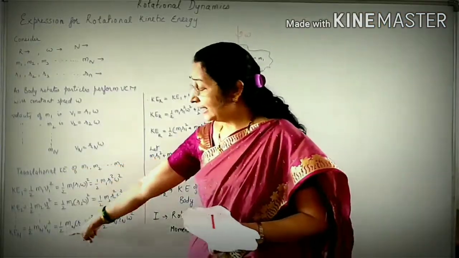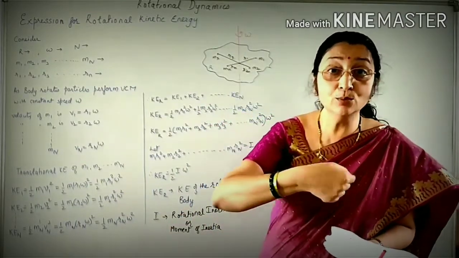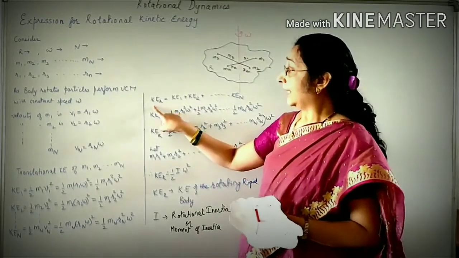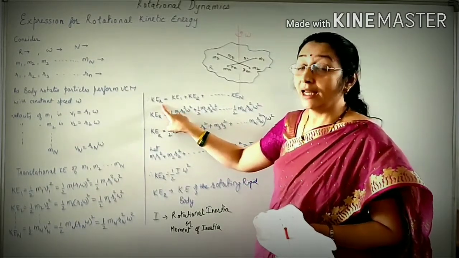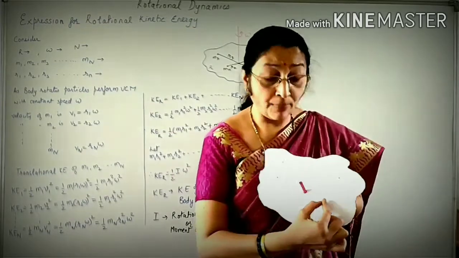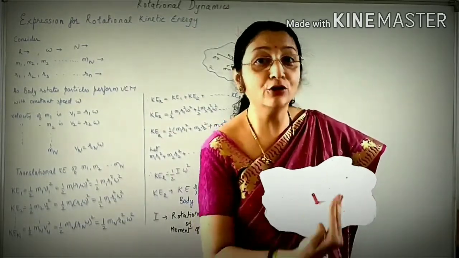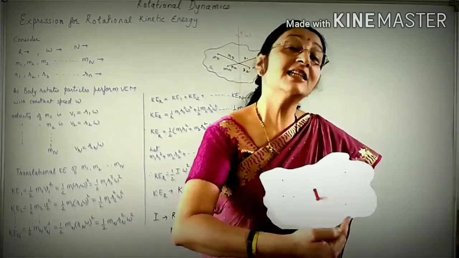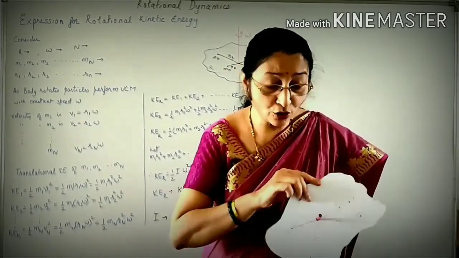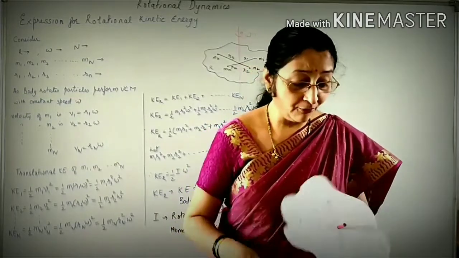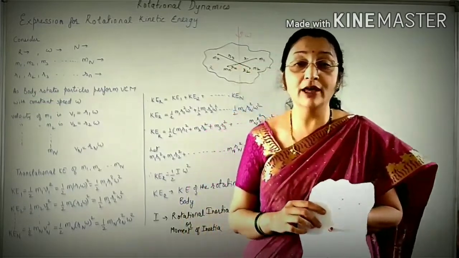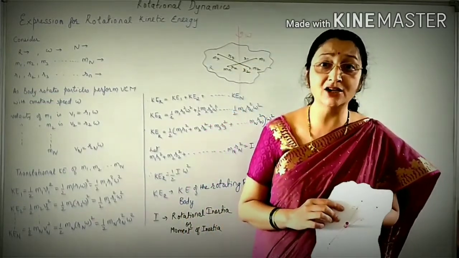These are the kinetic energies of each particle which is moving in circular motion, so the rotational kinetic energy. Though the particles are moving at that particular point in a straight line, after that they are changing their direction, and hence the motion of each particle m1, m2 up to mn is a rotational motion. So we are going to find the rotational kinetic energy.